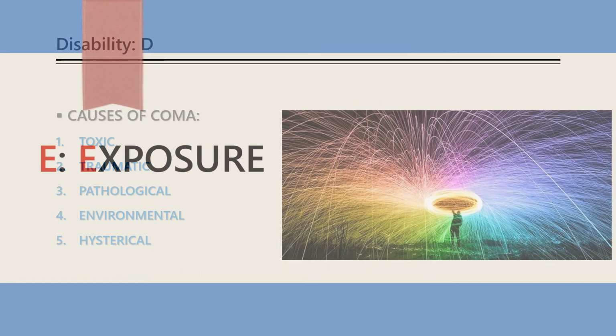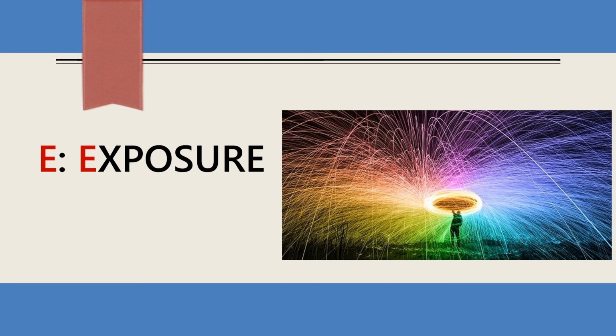And we have exposure. Here we expose the patient in a segmental way to look for any missed data, by exposing the chest for examination and then covering it, then exposing the abdomen for examination and covering it, and then the upper limb and then the lower limb, to preserve the dignity of the patient.